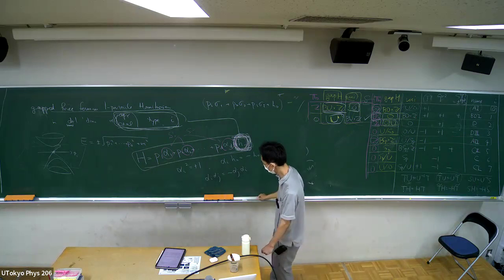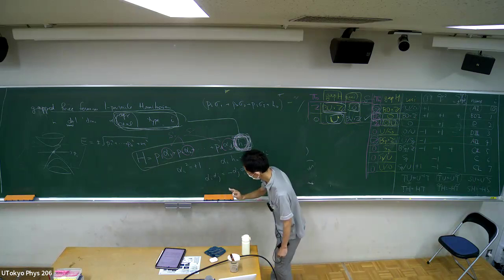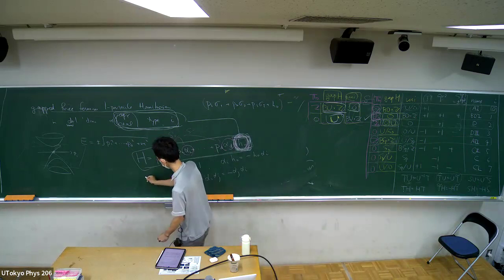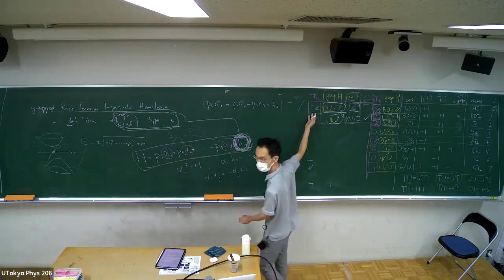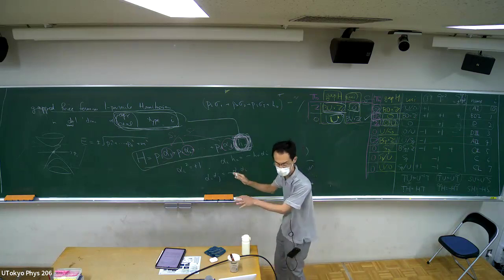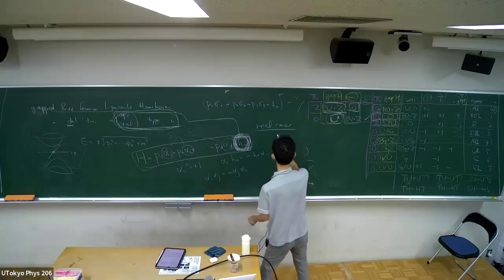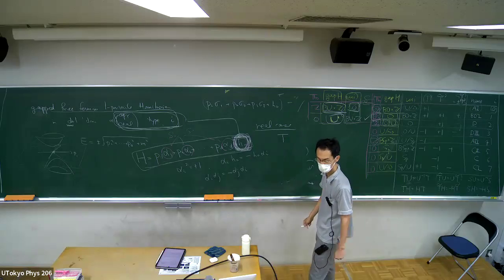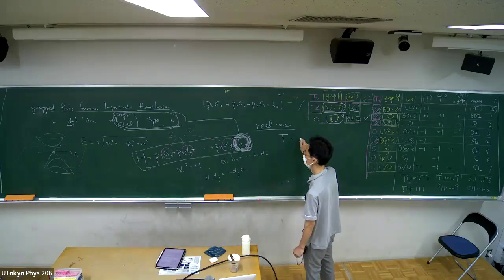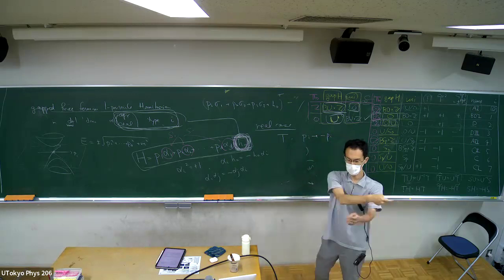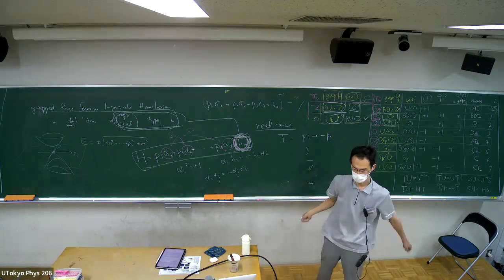But there's one important point. In the complex case, it's fine. That's the end of the story. But in the real case, time reversal invariance T sends P to minus P because time reversal invariance changes the motion of the particles.